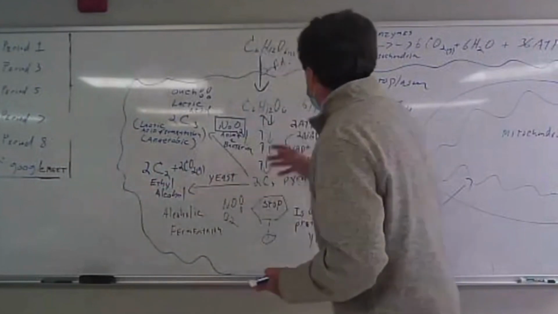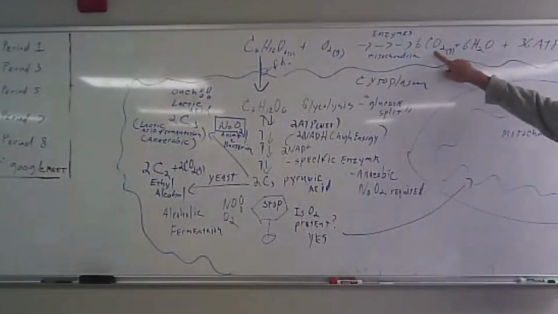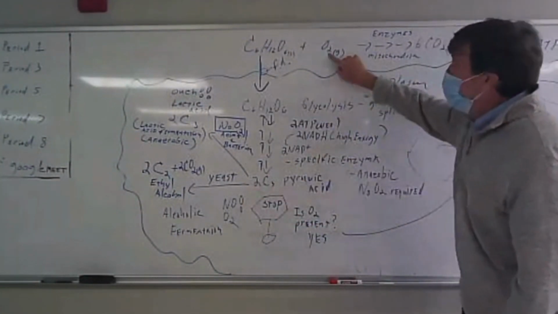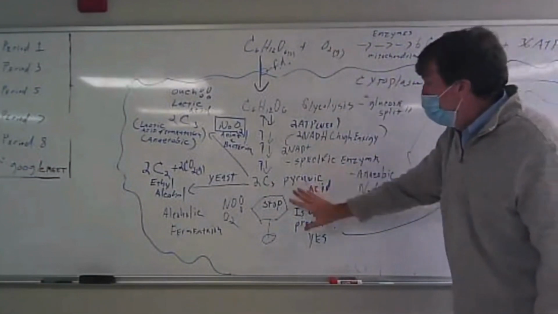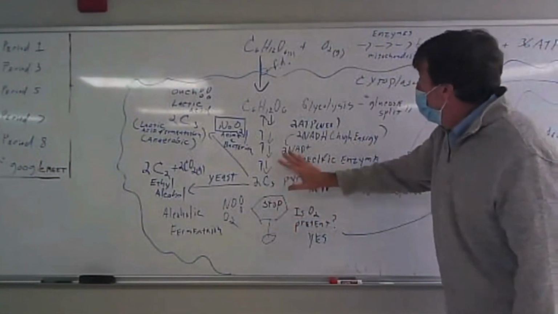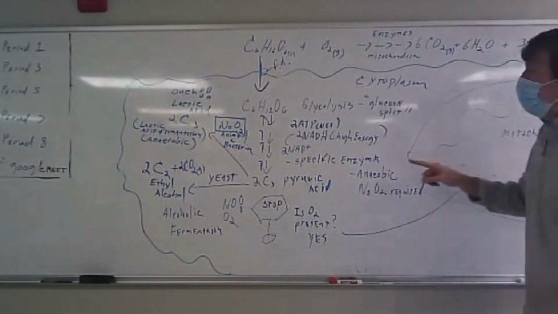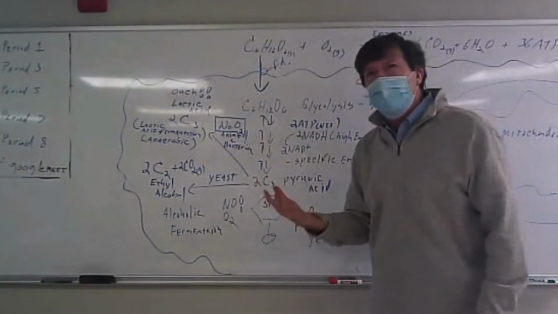And notice this reaction up here. Notice the CO2 that's produced is going to be produced with the presence of oxygen. Okay, so you got to have oxygen for all of this stuff to be produced. By the way, does lactic acid fermentation in your muscles produce carbon dioxide?